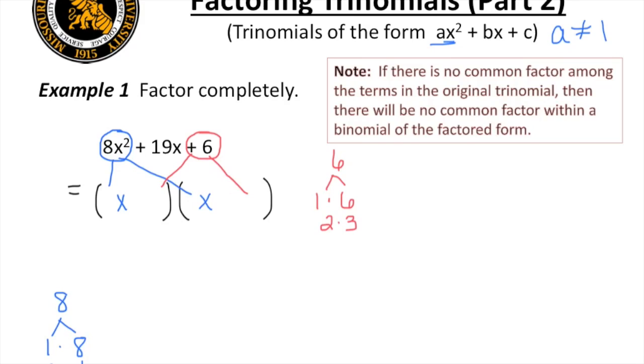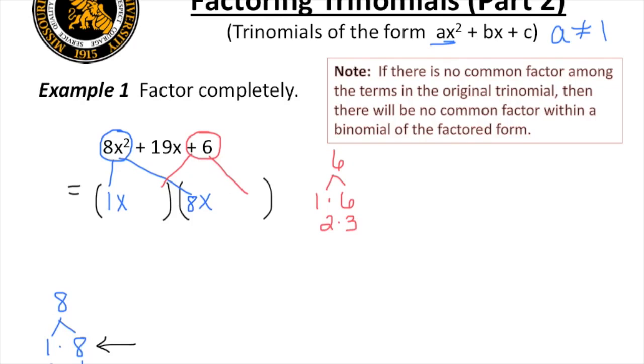However, we have to start somewhere, so let's begin by using the first factor pair for 8. At this point, it doesn't matter where we place those two factors in our binomials. That is, we can place the 1 in front of the x in the first binomial and 8 in front of the x of the second binomial, or we can reverse those placements. At this point, it doesn't matter.